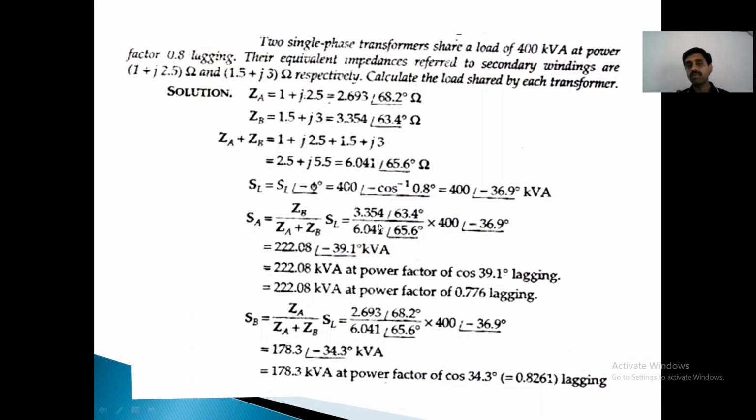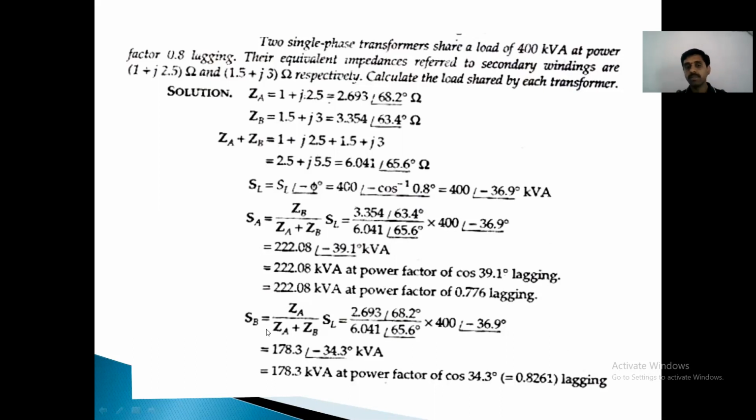If you substitute these values, because division is easy with polar coordinates rather than rectangular coordinates, where complex numbers are very complex to handle. Calculator is okay, but if you convert rectangular to polar, it is easier to divide and multiply. So if you substitute all these values, you will get SA at a power factor of 0.776 lagging.